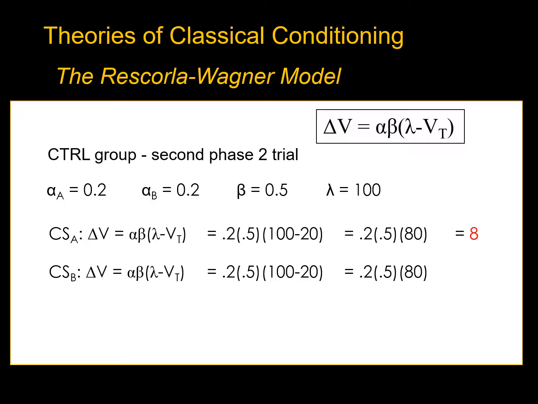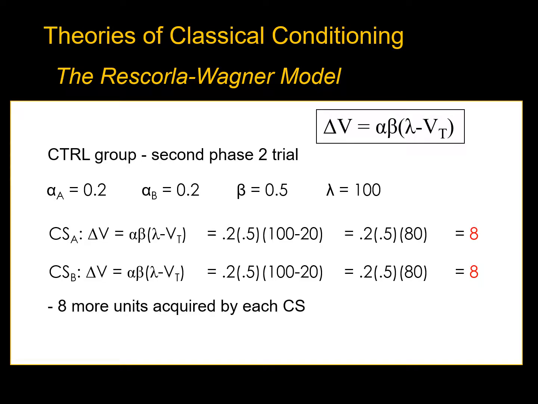Does that make sense? Okay. So that's why we're taking 20 away. So now there's 80 units possible left to learn. And again, the math's going to work out the same for both CSs. They're both going to acquire a further 8 units of associative strength on the second trial.